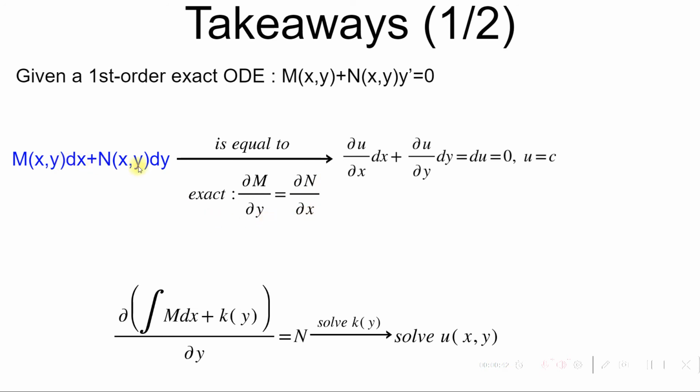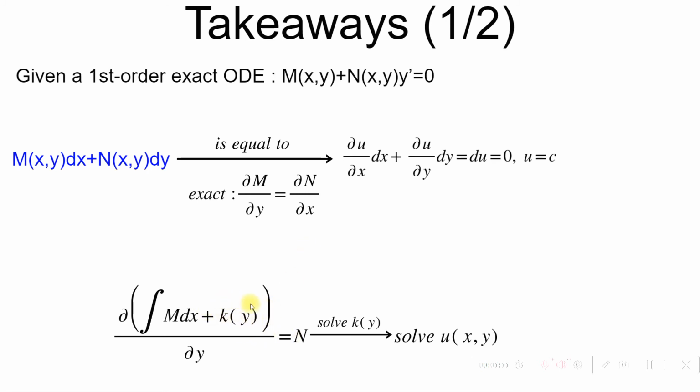So if this expression holds, then we want to solve for u. So by integrating m with respect to x, we can get u. But don't forget the k of y as an integration constant.